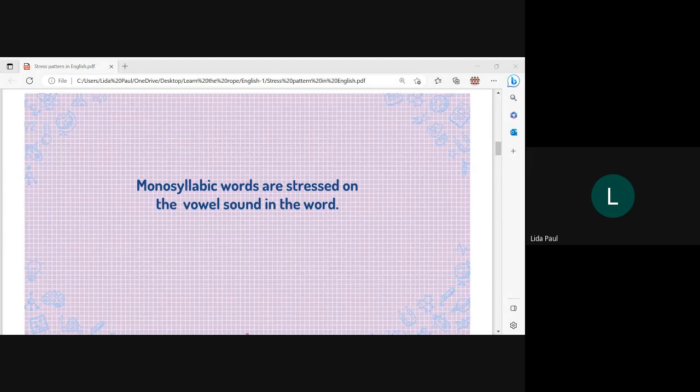The nucleus of the syllable is always a vowel. Whatever else you have is situated around the vowel sound in a particular syllable, right? Sometimes you have a sound that goes before the vowel sound, sometimes a sound that goes after it. Sometimes you have both, one before and one after it. But certainly, what you cannot avoid in a syllable is a vowel sound.